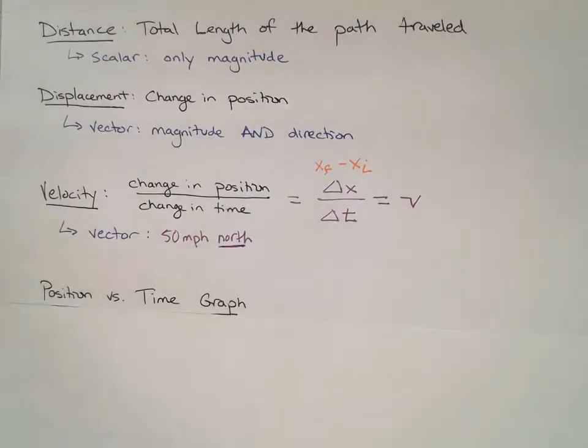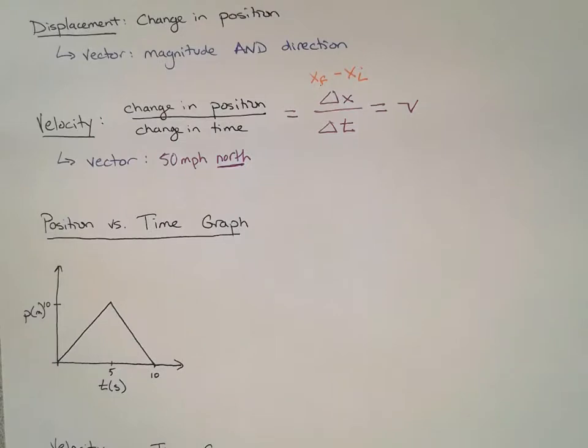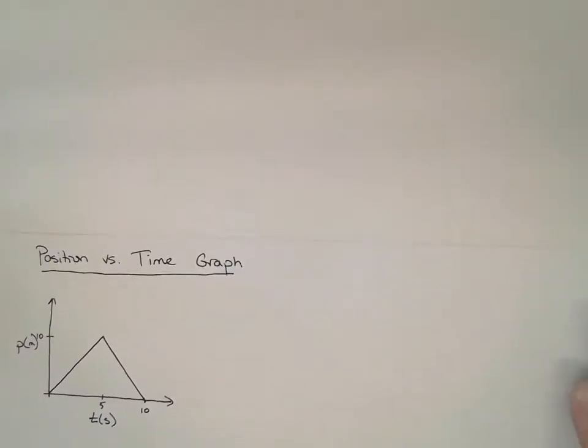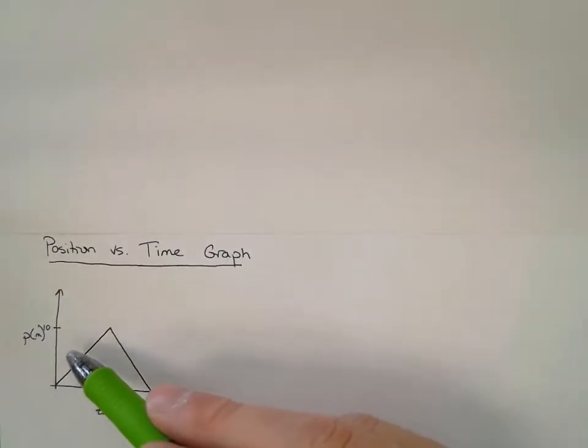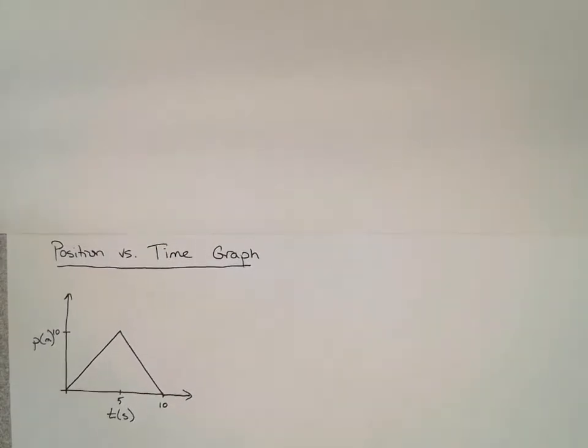So, position versus time graph. Here's our friend. We've been working a lot with these guys right here, a position versus time graph. So looking at this guy right here, I've got my position on the y-axis and I've got my time on the x-axis. And right here, if I were to describe the motion of this object, let's see here, I'll use orange.